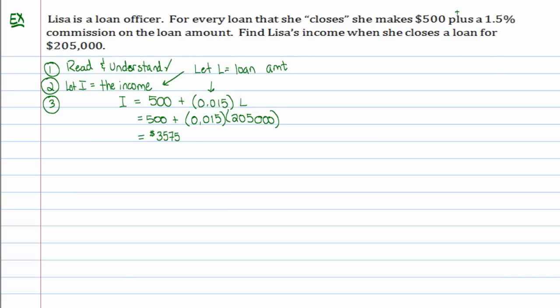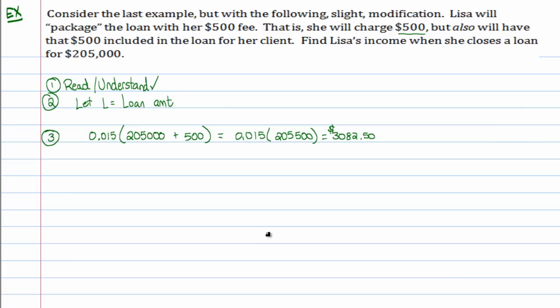That's because she gets to charge $500 for her services plus the extra 1.5% of whatever the loan amount is, which makes sense. This situation here is just dumb. She's not actually charging $500 for her services at all. She's charging 1.5% of $500. So two totally different situations. She earns a lot less this way if she packages her 500 with the loan.